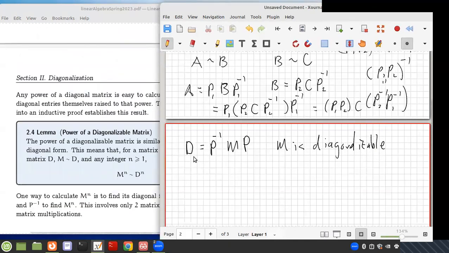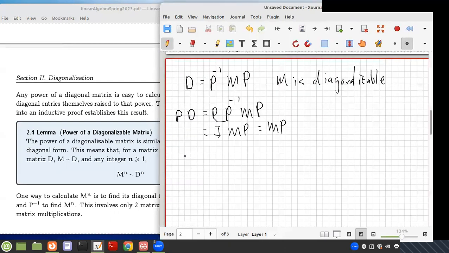it turns out that this would solve our problem, because if we want to find the nth power of M, we can invert this relation here, right? So multiply both sides of the equation by P. So that would be P times P inverse MP. And then P and P inverse will be the identity matrix. You'll have MP. So that maneuver got me this far.